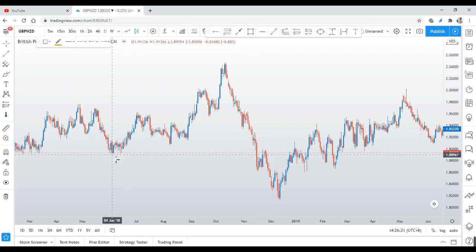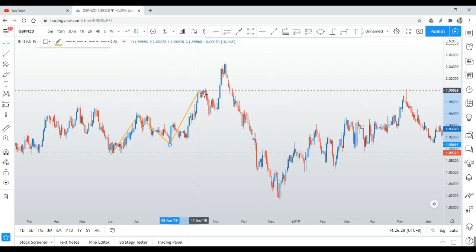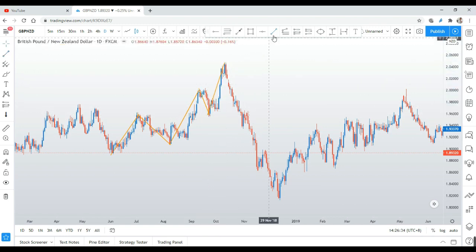The price is making a higher high and then a higher low, right? And then another higher high and then a higher low before the ultimate higher high. Then the break.